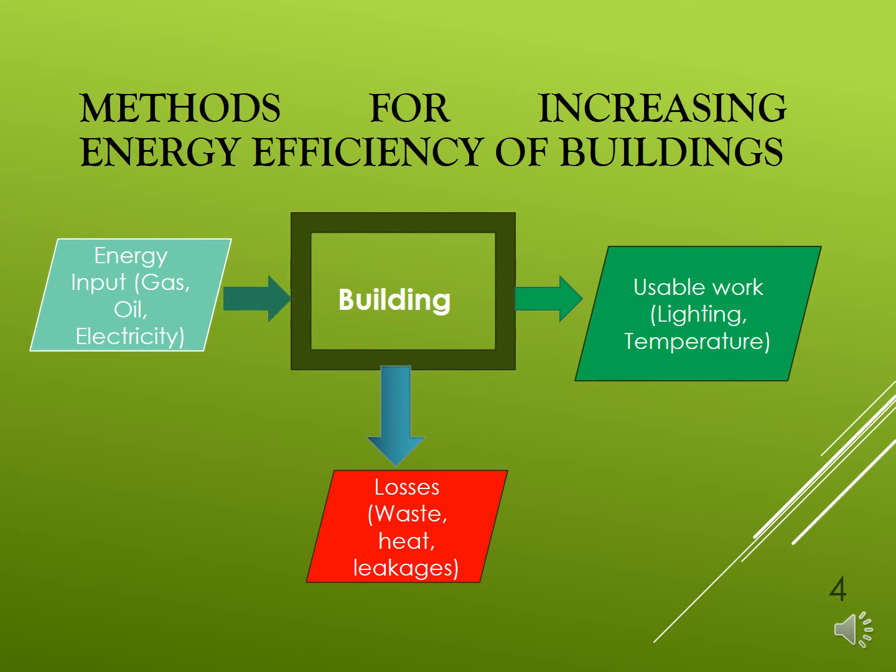That is the useful output. But waste heat and leakage are the losses. This is a small pictorial representation or flow chart of the energy inside the house, converting input energy into output.